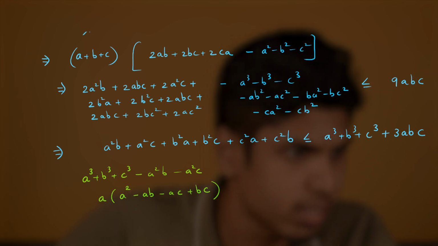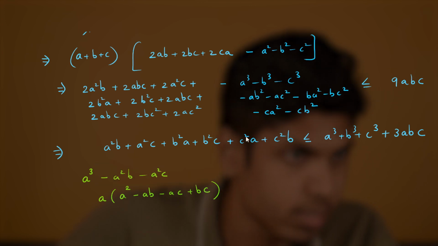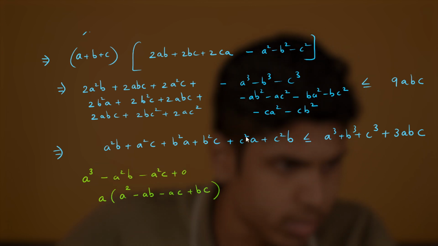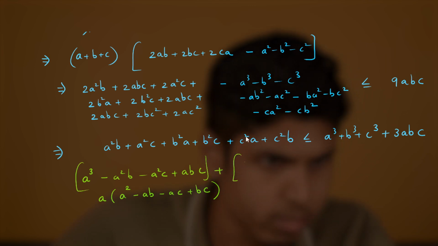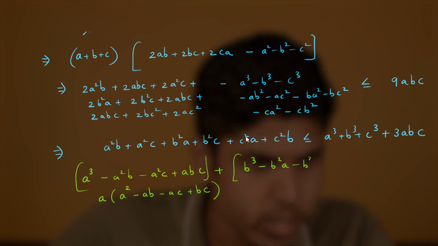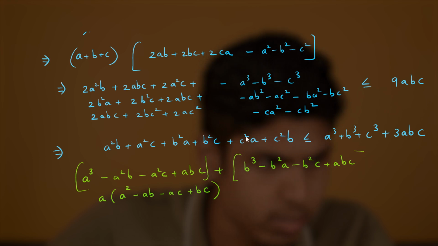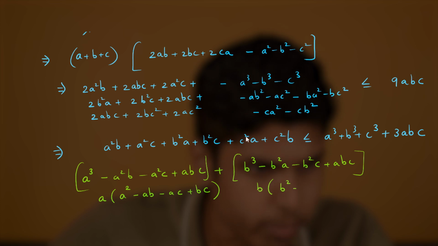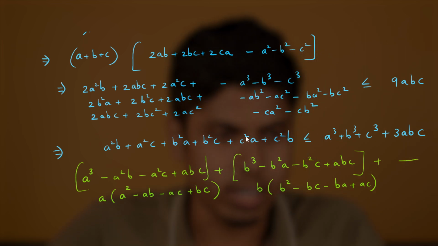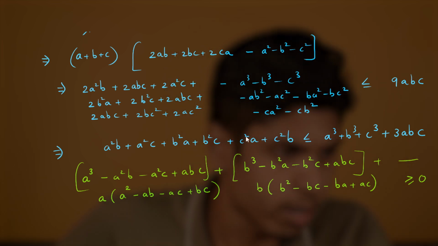And this is with these terms. And you have a plus abc. Similarly, group the other terms, b cube minus b squared a minus b squared c plus abc. So this can be written in the form b times (b squared minus bc minus ba plus ac). And the other term similarly is greater than or equal to 0. This is what we have to prove.